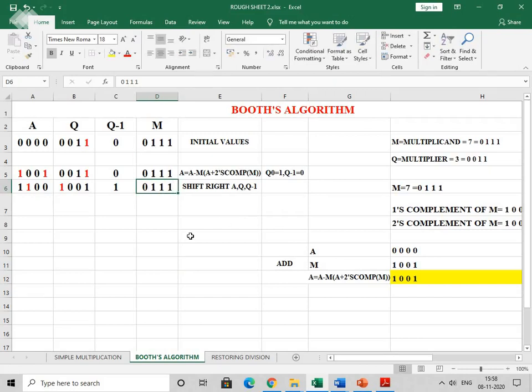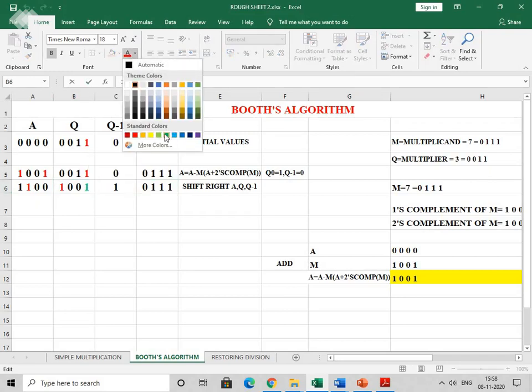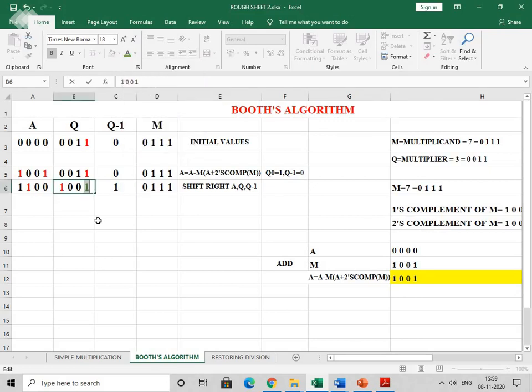Okay, next again we are going to observe these 2 bits. Right? So this Q0 is 1 and Q minus 1 is 1.